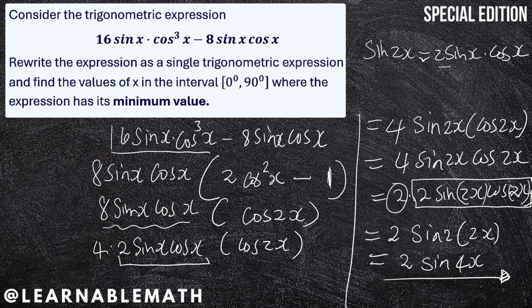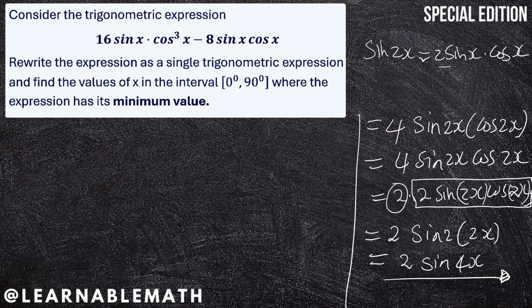We have successfully written it as a single trigonometric expression. Then it says we have to find the values of x in the interval 0 to 90 degrees where this expression has its minimum value. Let me just delete some things here to create space.